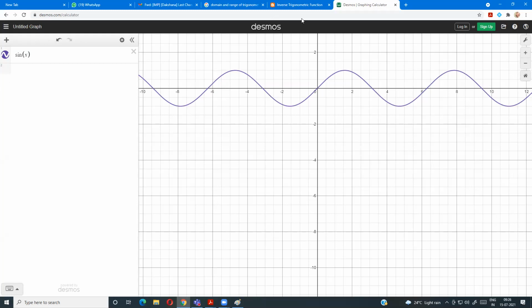Then, if you look at this particular portion only, I will draw. Look at this particular portion, this much area.